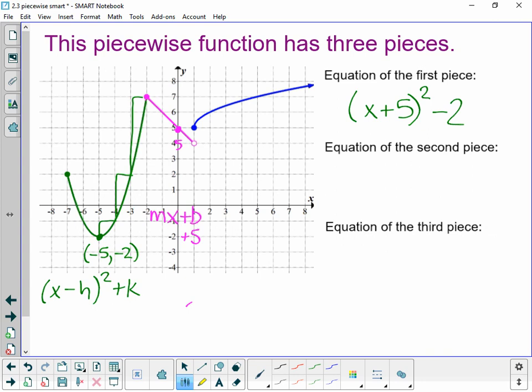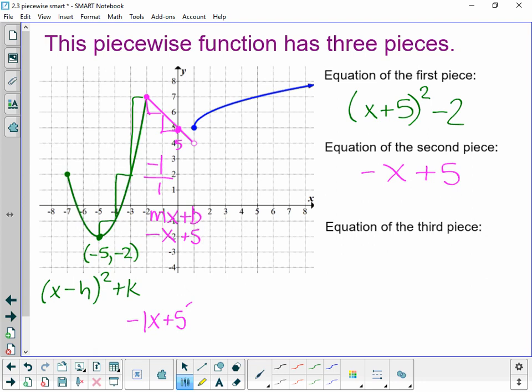And then the slope is that this is going down 1 over 1, down 1 over 1, down 1 over 1. So the slope is down 1 over 1. And if we simplify that, we really just need to keep the negative, or if you prefer, you can write it with the -1. So the equation of that second piece is a line with this equation.